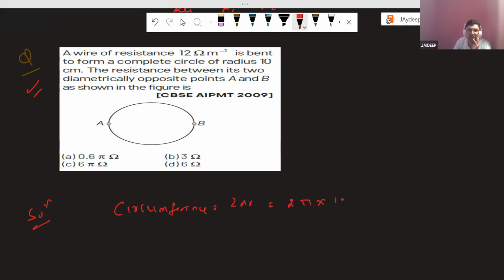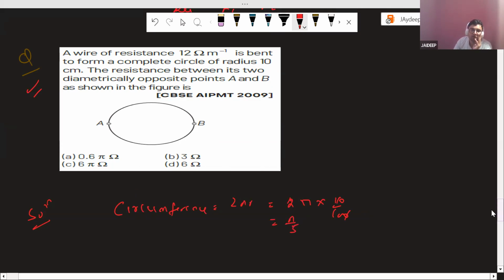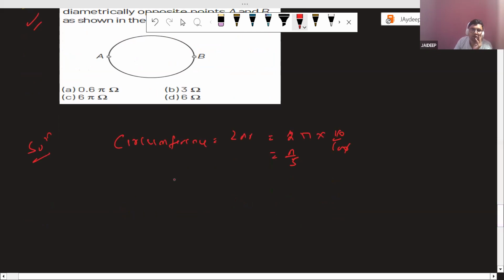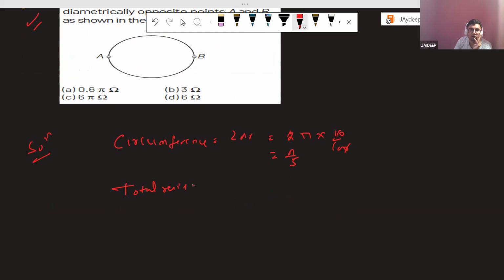R is radius, 10 centimeter. So pi over 5 is the total length. So total resistance equals pi over 5 into 12, that is 12 pi over 5.